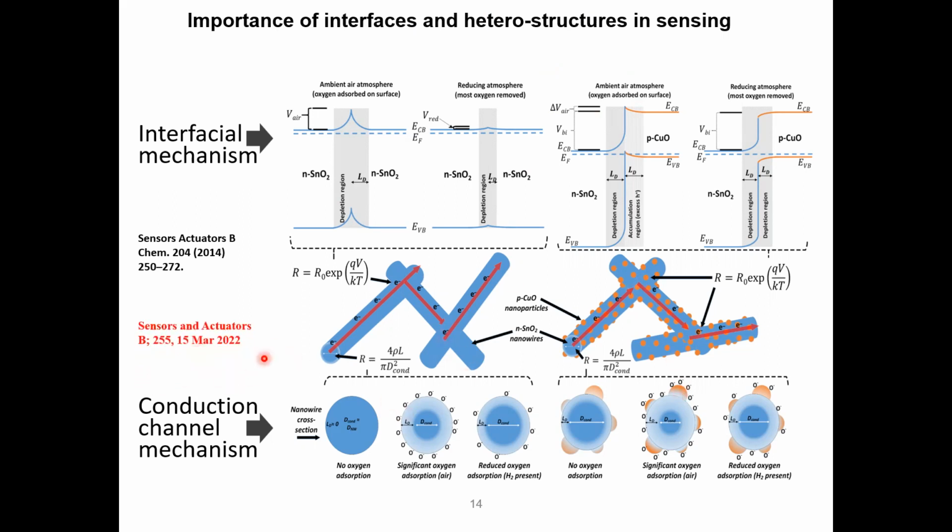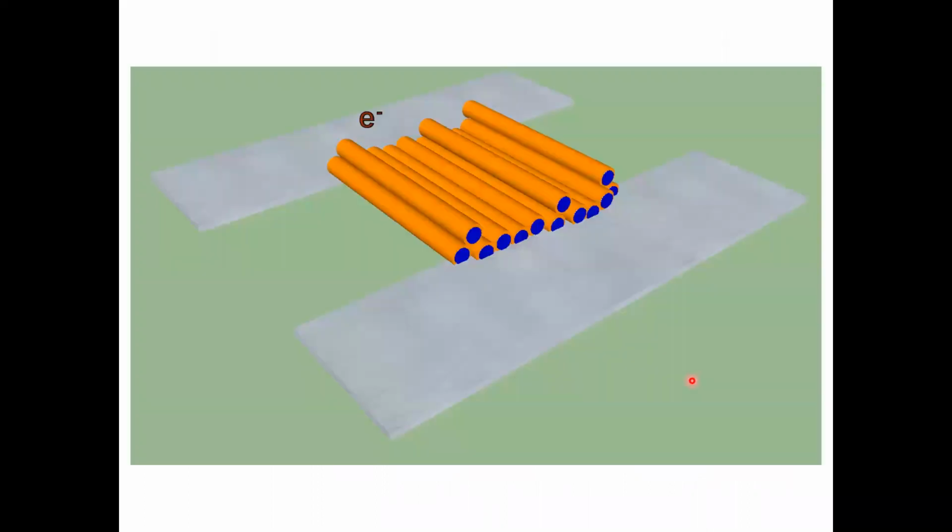And one of the students actually published a recent article summarizing how to organize some of these features into optimizing your sensing performance. So let's say if we are making a sensor using nanofibers or nanowires, we can align them on electrical contact pad in this fashion, and the current will basically flow through the conduction channel.